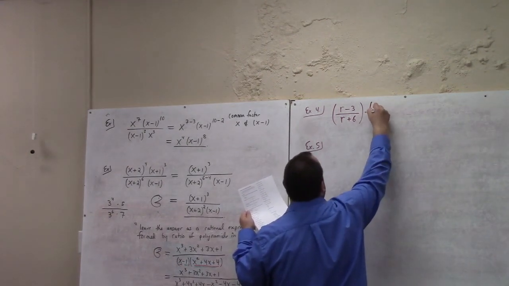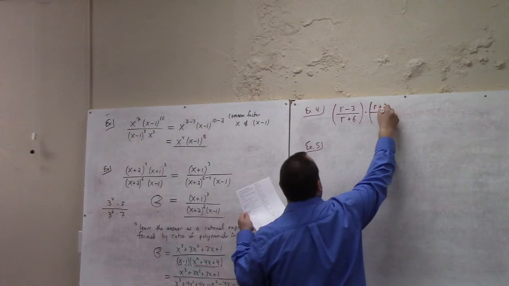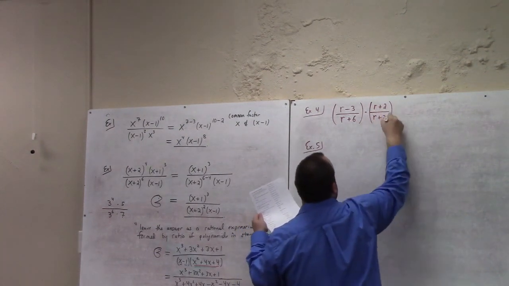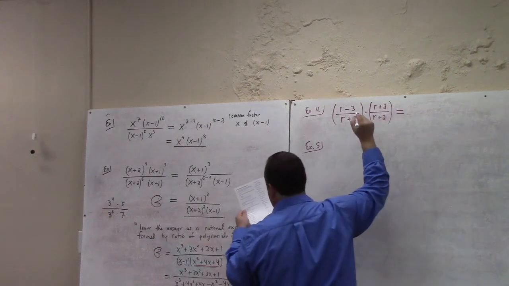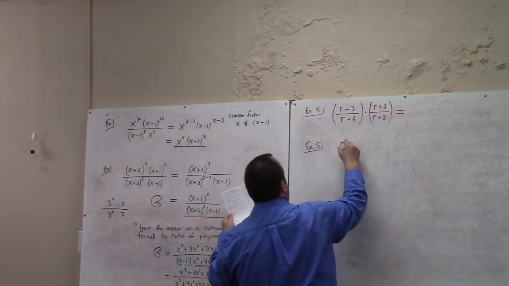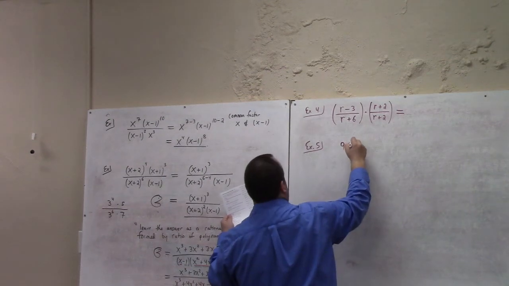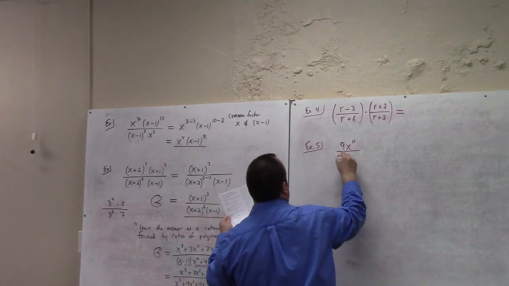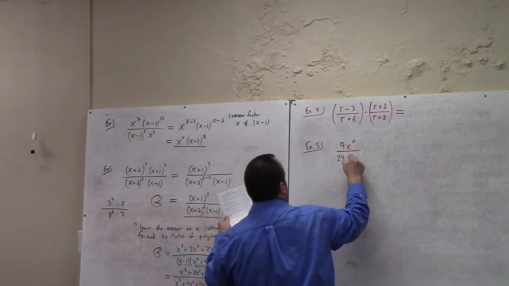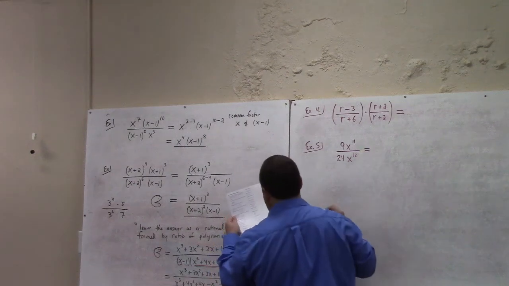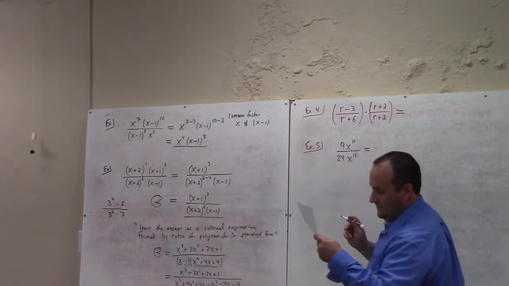Times (r plus 2) over (r plus 2). And down here, I'm supposed to take 9x to the 11th power and divide by 24x to the 12th power. Let's try to simplify that into an expression with positive exponents as best as we can.